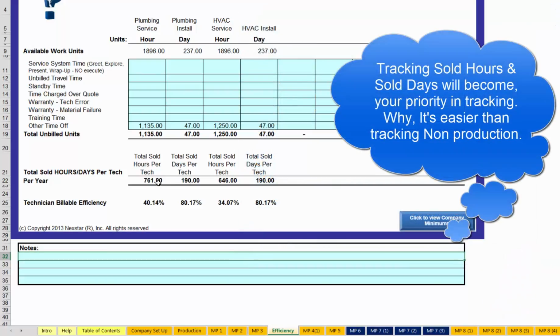We track sold hours and we track sold days, because the result is all of these inefficiencies produce so many sold hours that we can actually sell by the technician. Okay? So you'll be introduced to tracking sold hours and tracking sold days to make it easier to know exactly what your true efficiency is. All right, I'm going to leave it at that, and we'll go on to the next one.